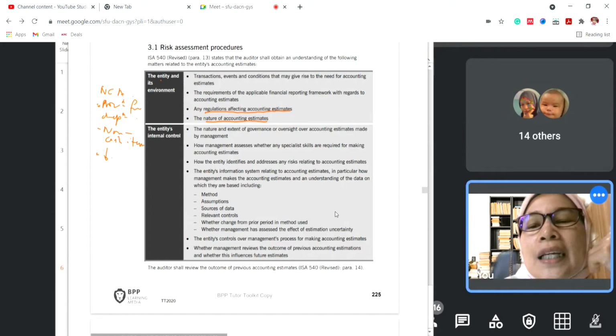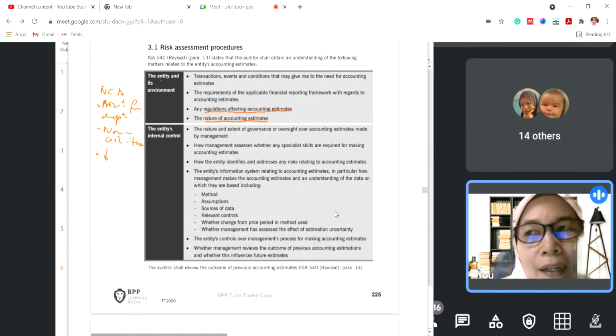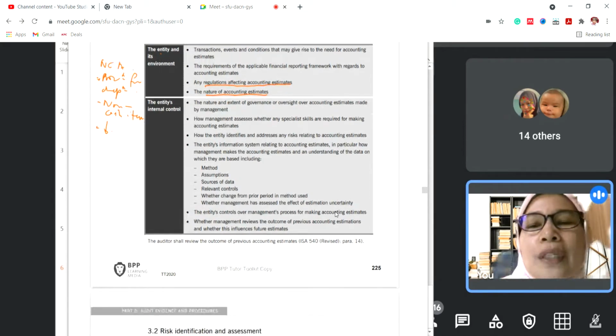What is the agenda of the business? So you have to look at the risk assessment procedures when you understand the company, business and environment.